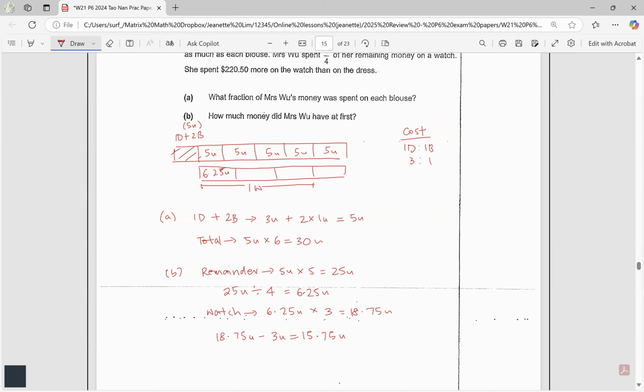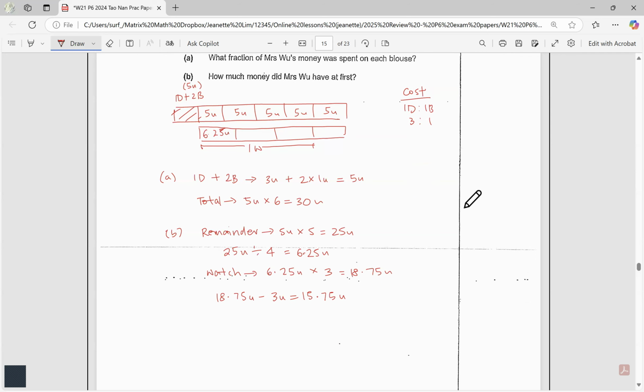So we use that to help us find our 1 unit, by taking 220.5 divided by 15.75 and you'll get 14. So 1 unit is $14.